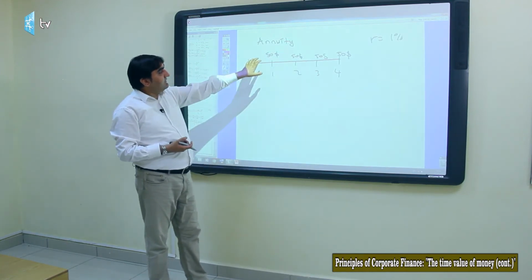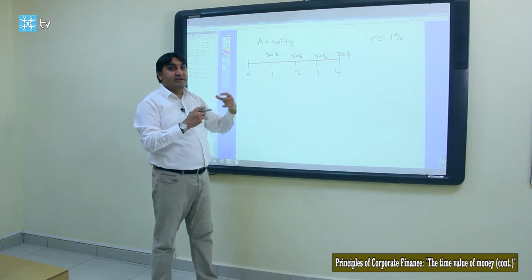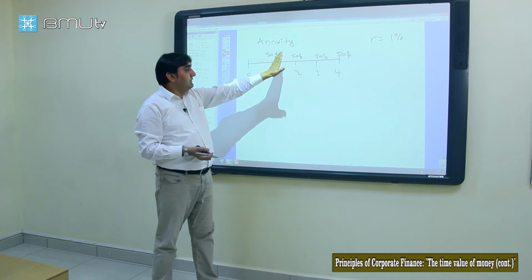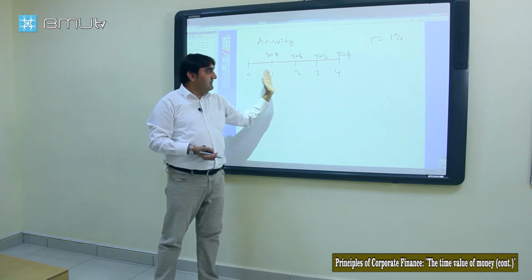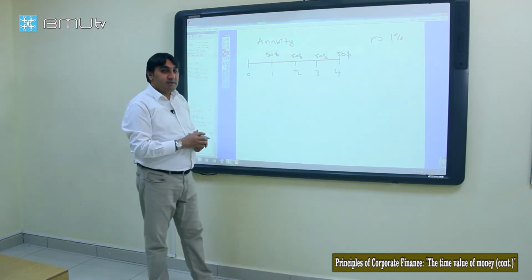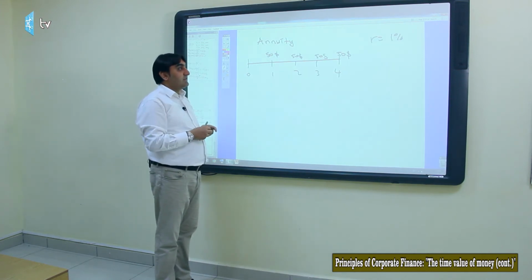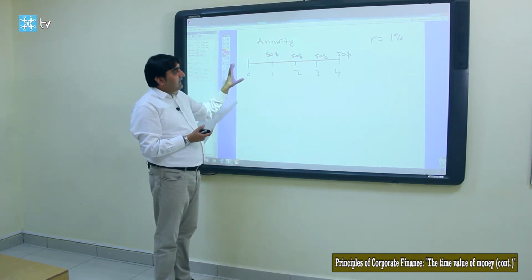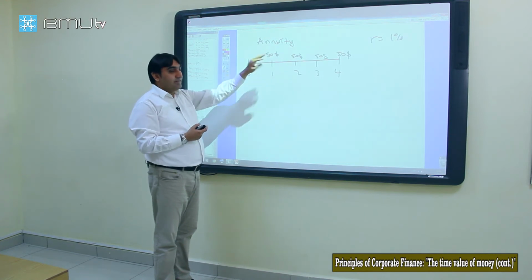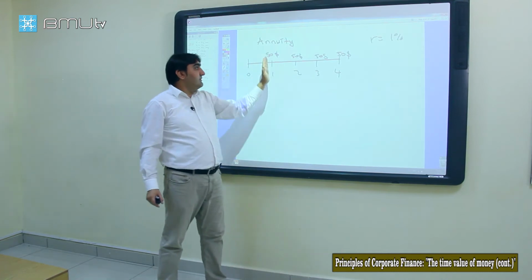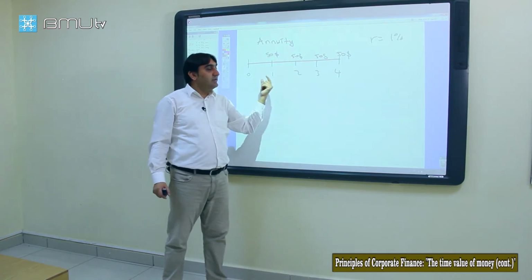But here we see there is a pattern. There is some fixed structure here mathematically: 50, 50, 50, 50. And the period is monthly, monthly, monthly, monthly. Since there is a pattern, we can easily calculate the future value and present value of these numbers. We call this type of cash stream an annuity. An annuity is a cash stream where the cash payments are fixed and the period is fixed.